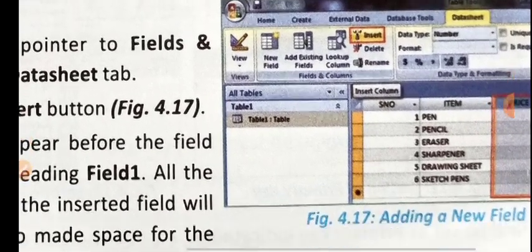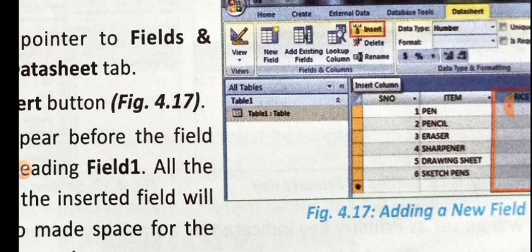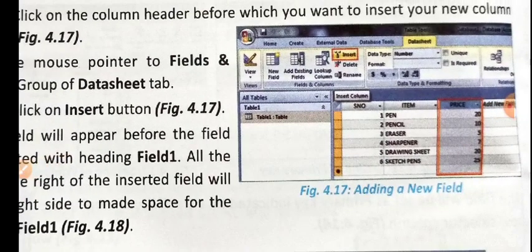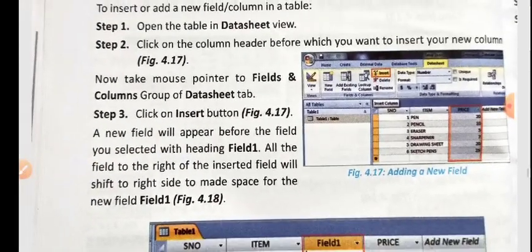As you can see in figure 4.17, here is the insert button and the selected field is added in the table. So a new field can be added or a previous field can be deleted in both the datasheet view and the design view. You can do it in whichever view you find comfortable.